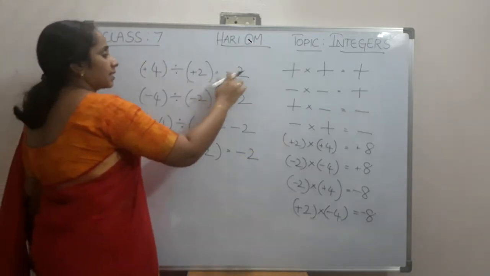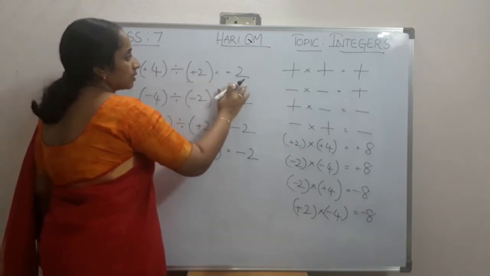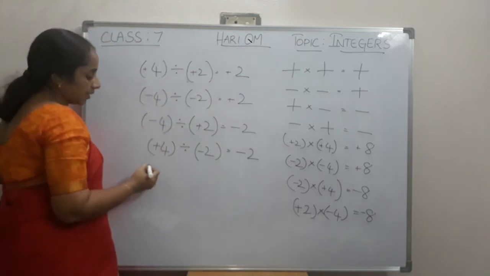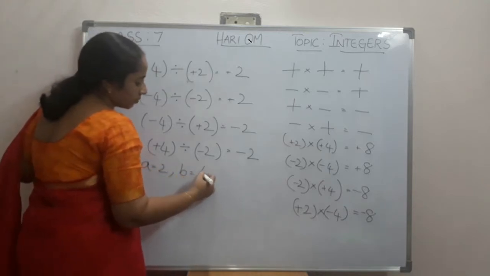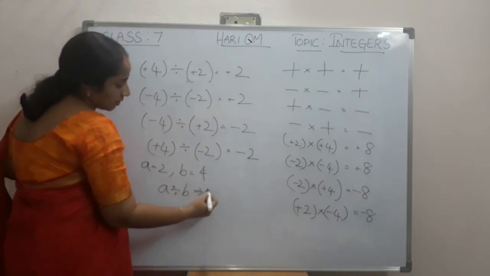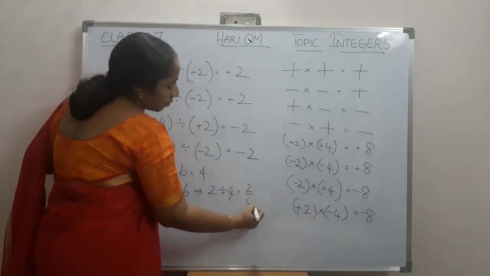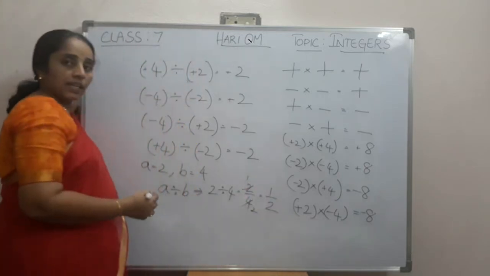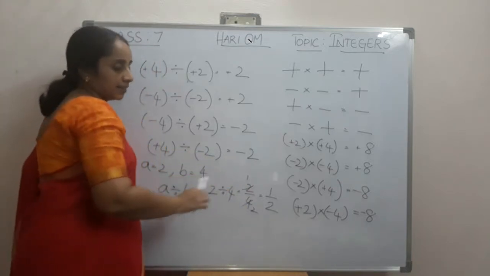Here a and b are two integers. Is a divided by b also an integer? If a is 2 and b is 4, then a divided by b, that is 2 divided by 4, is 2 by 4, which is 1 by 2. Is 1 by 2 an integer? No, it is not an integer.